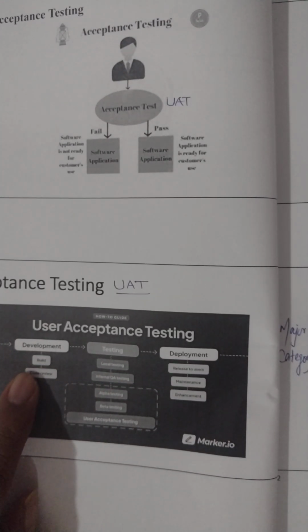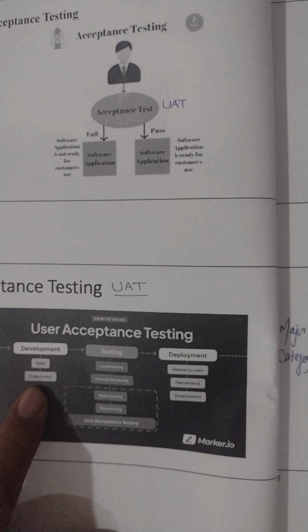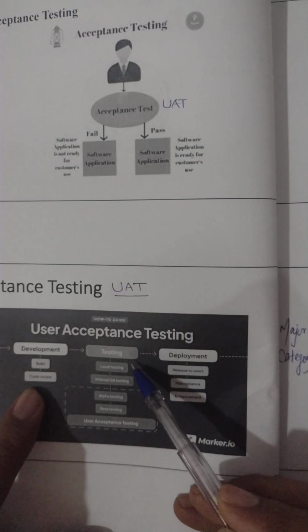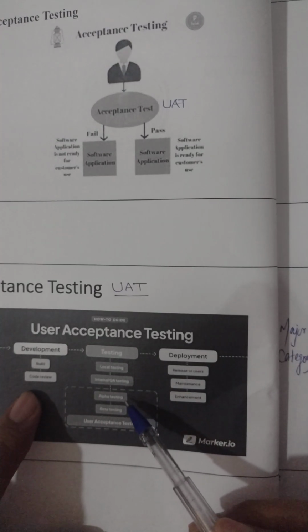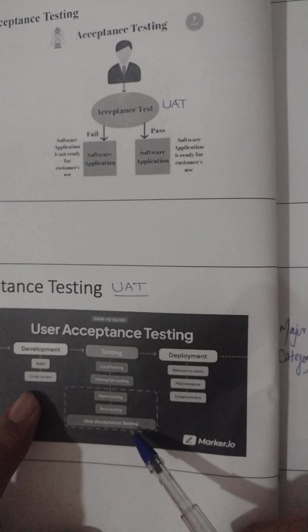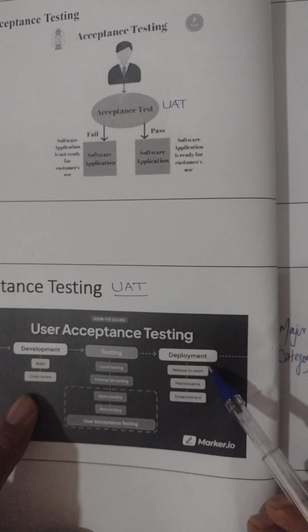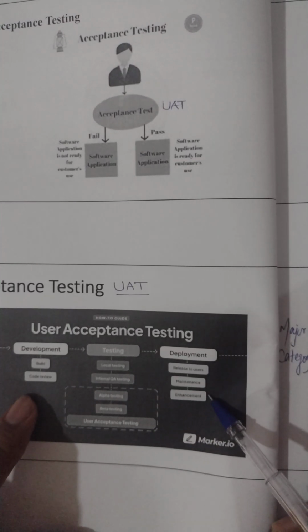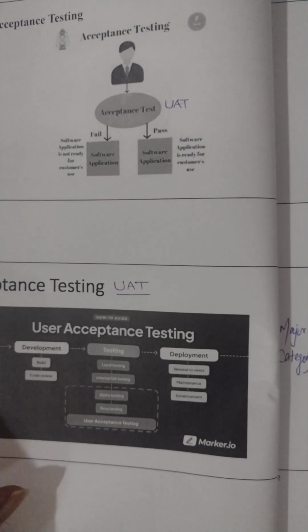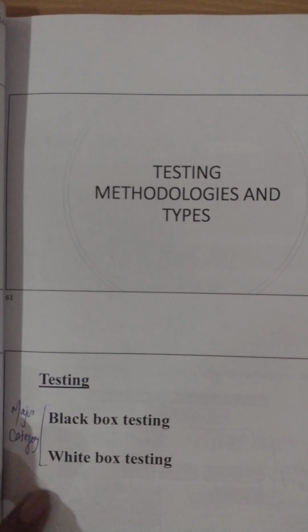In development, we need to build the code, we conduct the code review, and then we conduct testing. So we conduct local testing, internal QA testing, alpha testing, beta testing, and final user acceptance testing. And on deployment, it is released to the user, we conduct the maintenance as needed, and further enhancement is also done.